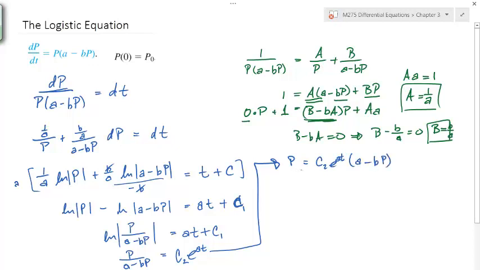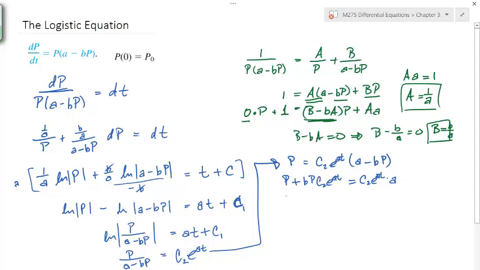And what we're going to do is gather all the p's to one side. So this is p, this becomes a plus bp c2 e to the at. And then what's left here is c2 e to the at times a.